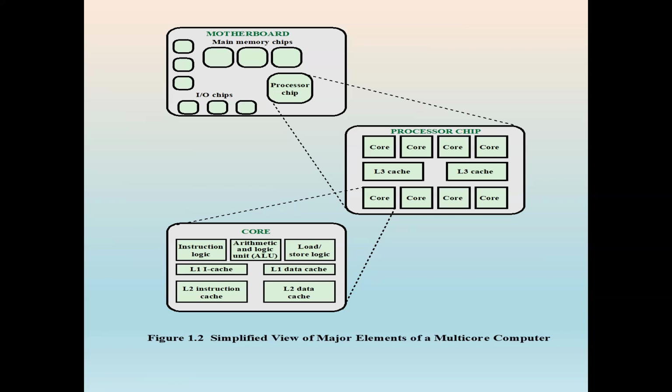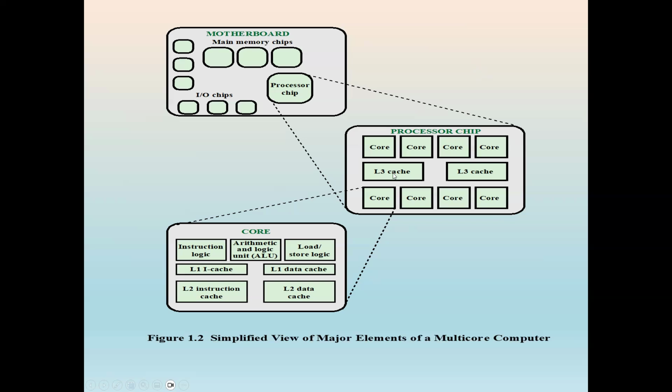For desktop computers, expansion slots enable the inclusion of more components on expansion boards. The diagram shows a processor chip that contains 8 cores. We can see the cores: 4 at the top, 4 at the bottom.